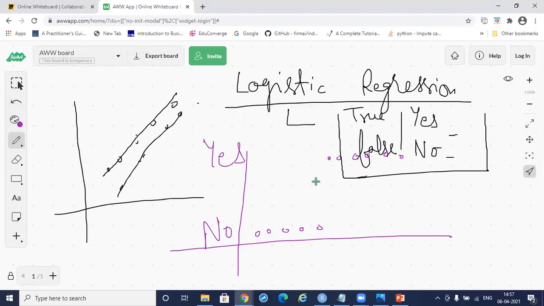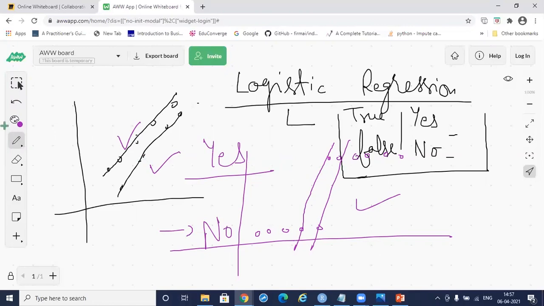In that case, if we apply the linear regression model, it will make the best fit line in this way, where the model is not learning the data well. So where I have data with yes and no answers only, the linear model will not be able to apply in such a situation.